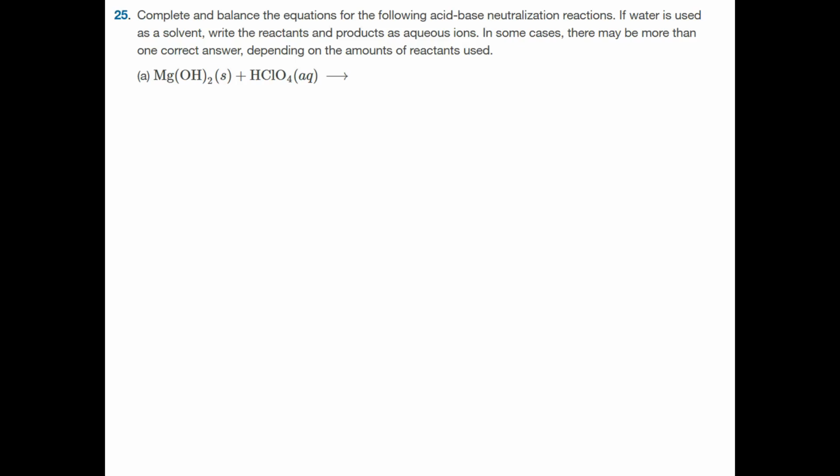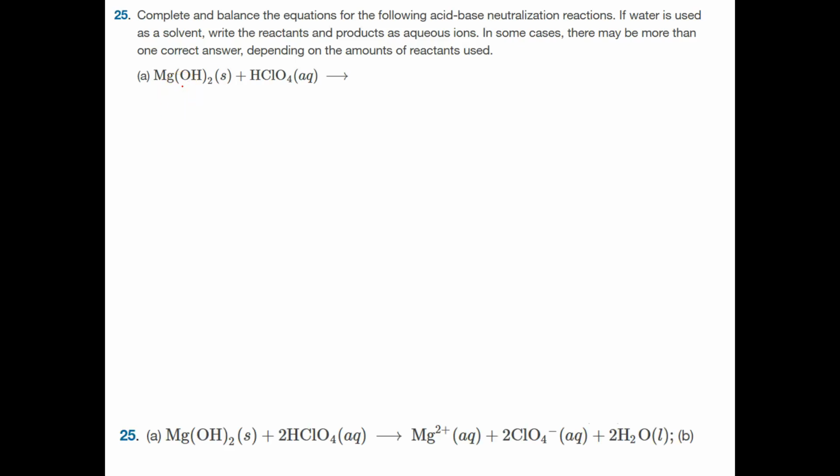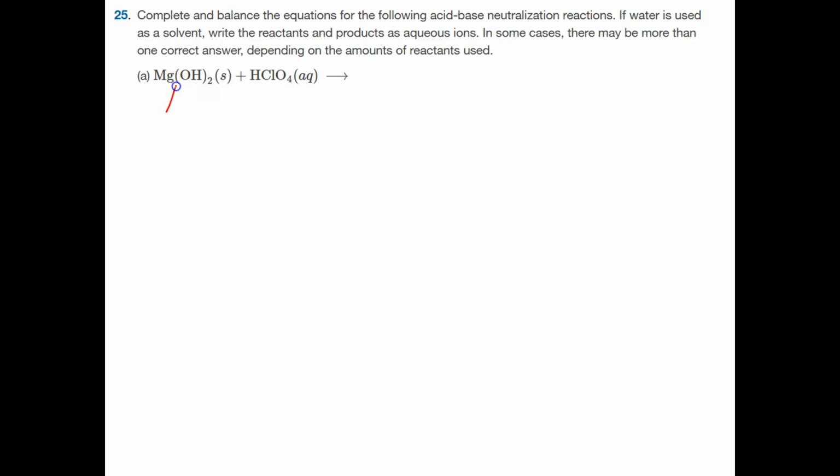Now, I only picked one of these problems out, so we don't have to do a whole bunch of work here. Okay, so let's look at what we've got. We can read the formula magnesium hydroxide and immediately recognize that this is a strong base. Now, it's a solid, so we won't dissociate it.